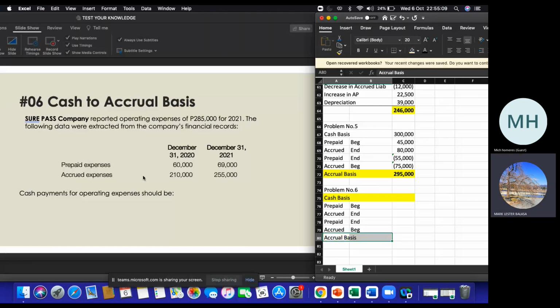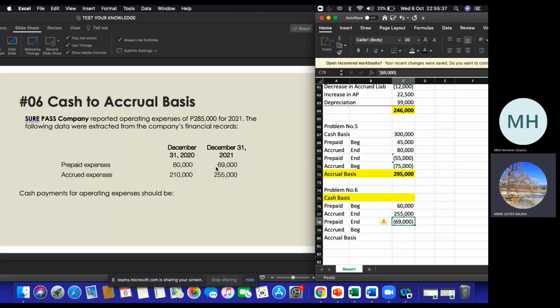Right? So, ang prepaid expense mo, beginning, magkano? 60. Okay? Accrued ending mo, magkano? 255. Alright? Prepaid ending mo ay 69.